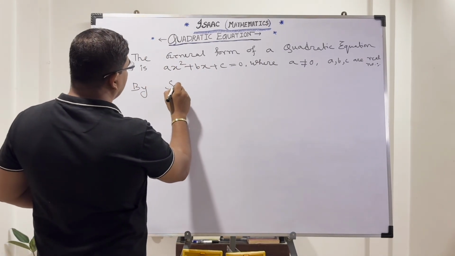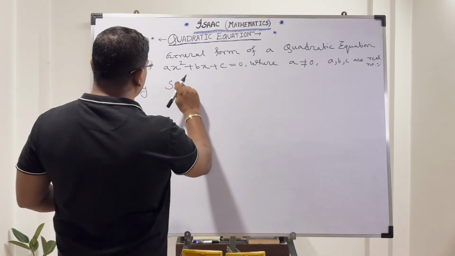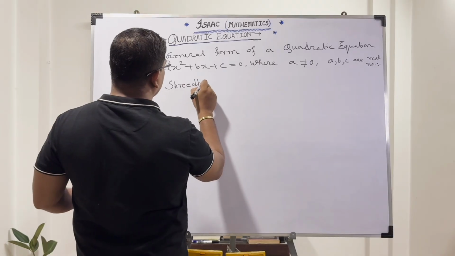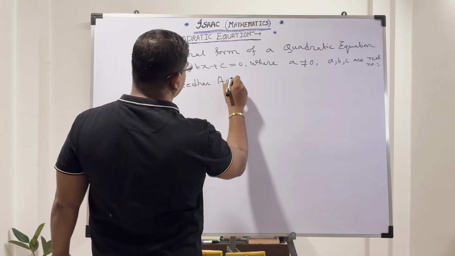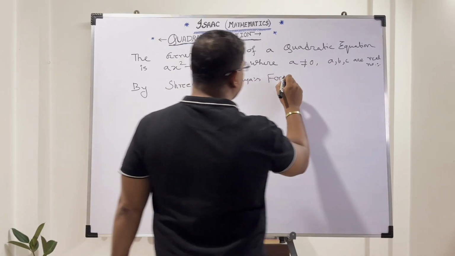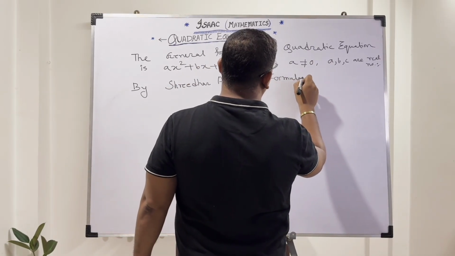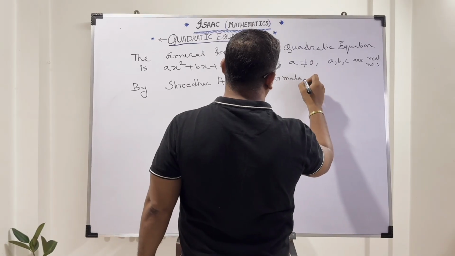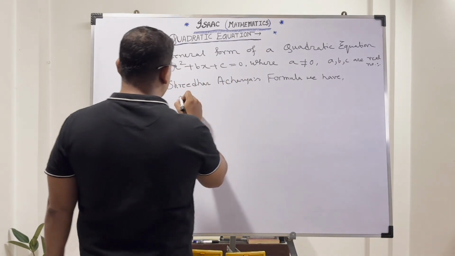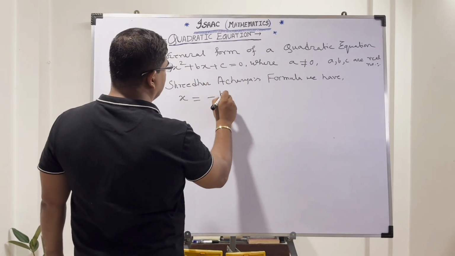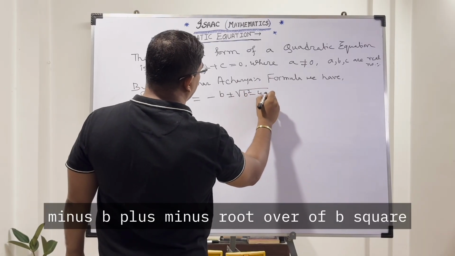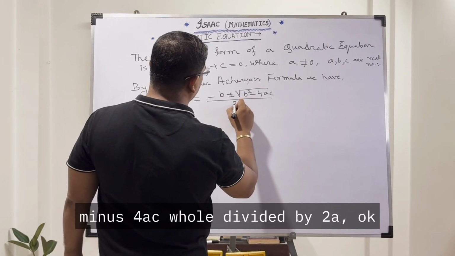By Sridharacharya's formula, we have x equals to minus b plus minus root over of b square minus 4ac whole divided by 2a.